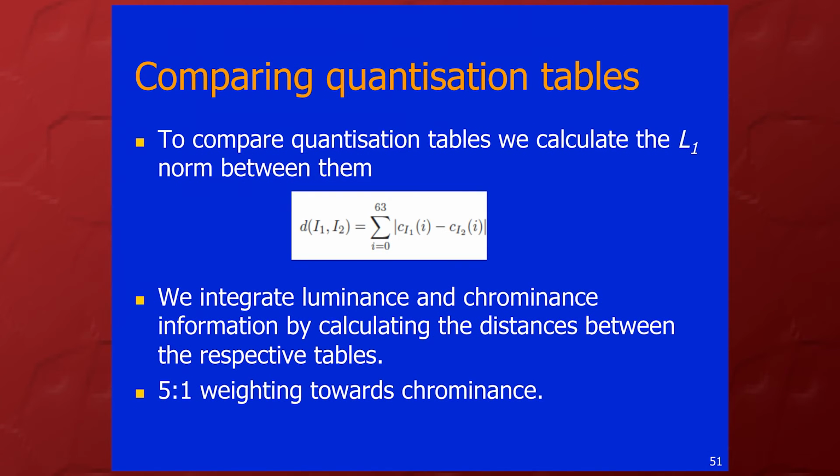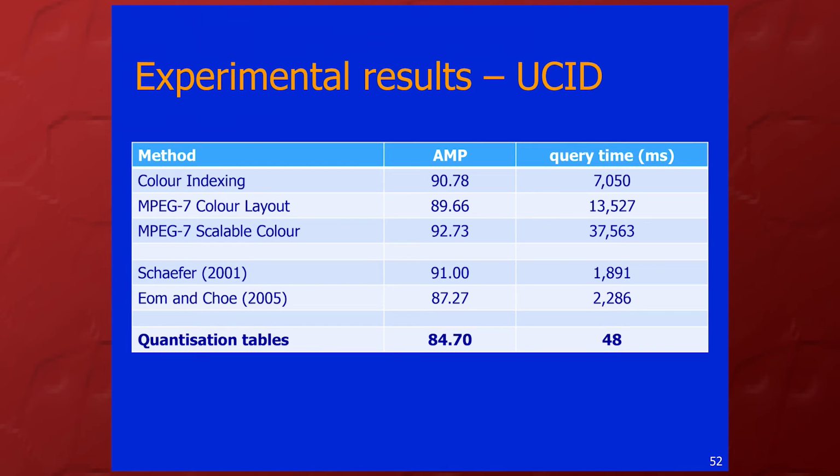Again, we can think, how do we do that comparison? Here we do actually a simple L1 norm between them. And again, we can think, how do we favor chrominance compared to luminance? And we can again see how well that works.